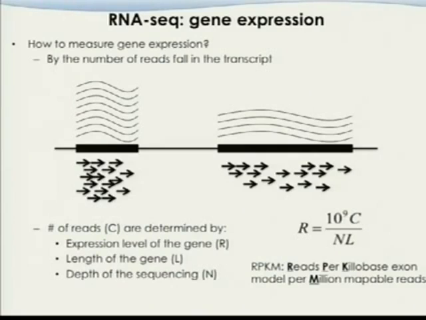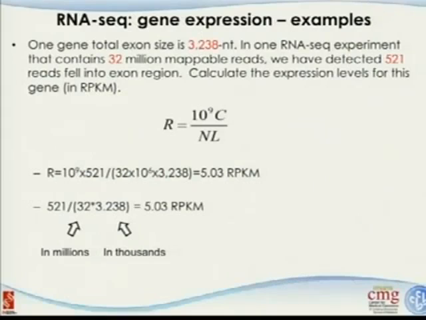So the total number of reads should be normalized by the total number of reads and also the length of the transcript. This is something called RPKM, or FPKM if it is paired-end sequencing. I'm not going to go through this one, and you can feel free to go back to this as an example. But I will tell you, RPKM calculation is one of the knowledge points that will appear in the exam.